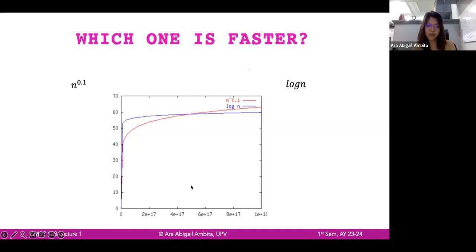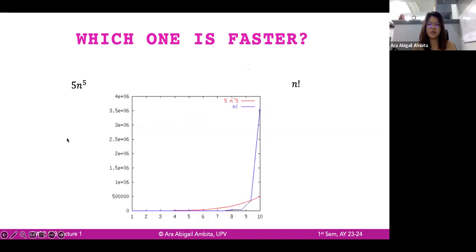And if we look at this graph, initially at some point, this red line, which is n raised to 0.1, is actually faster compared to log n. But after some point, like let's say this input here, midway, we can see that log n is getting faster compared to n raised to 0.1. So we can then say that log n is the winner.